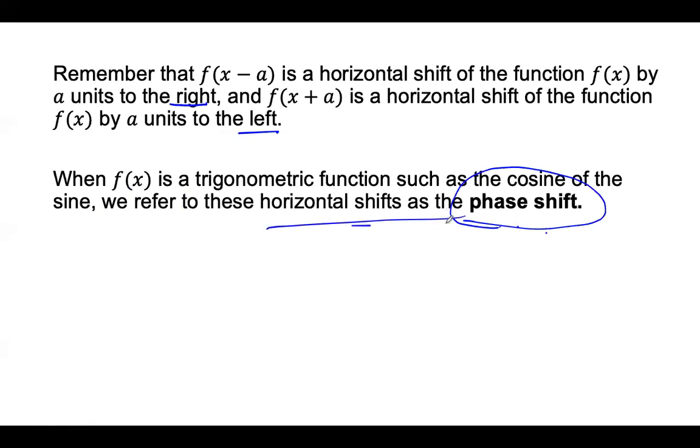Because a trig function is still a function, when we shift the arguments inside the cosine or sine functions, we refer to this as the phase shift.